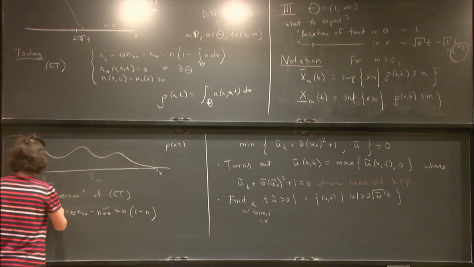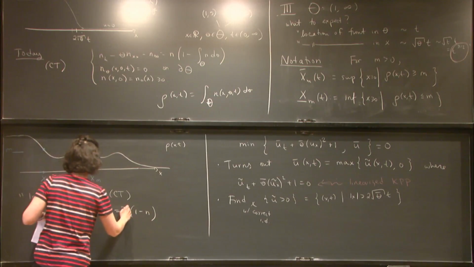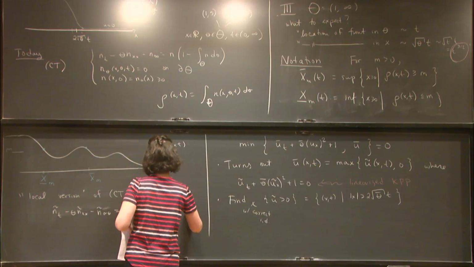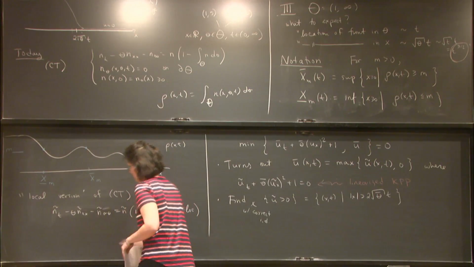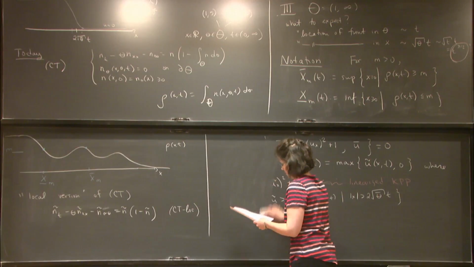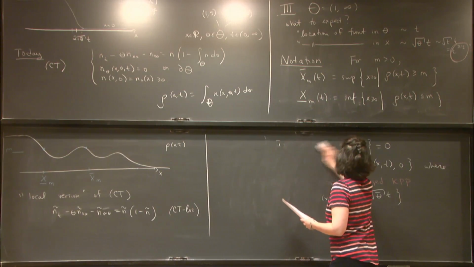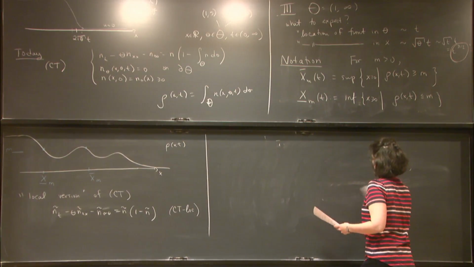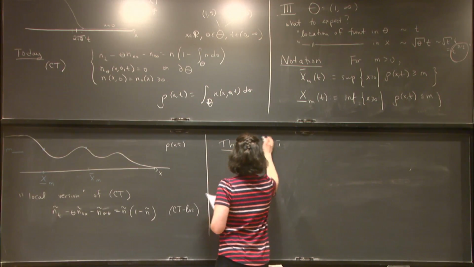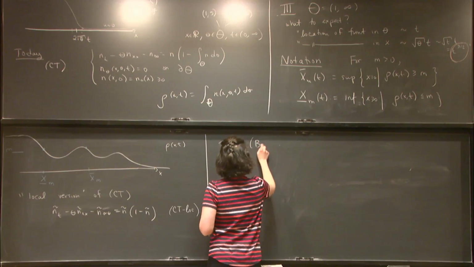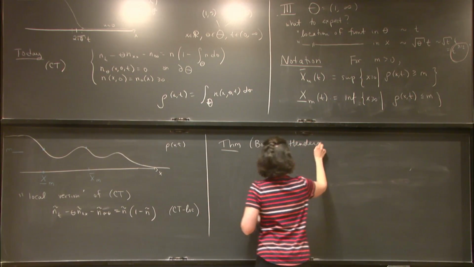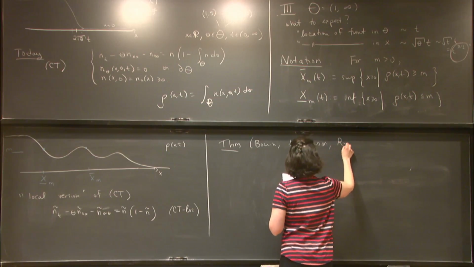And maybe I'll put some twiddles on here. Okay, so this is the local Cane Toads. So this was a theorem of Bouin, Henderson, and Ryzhik in 2017.